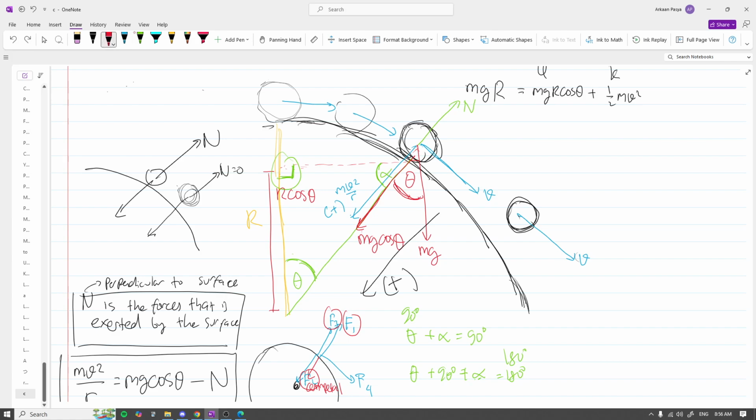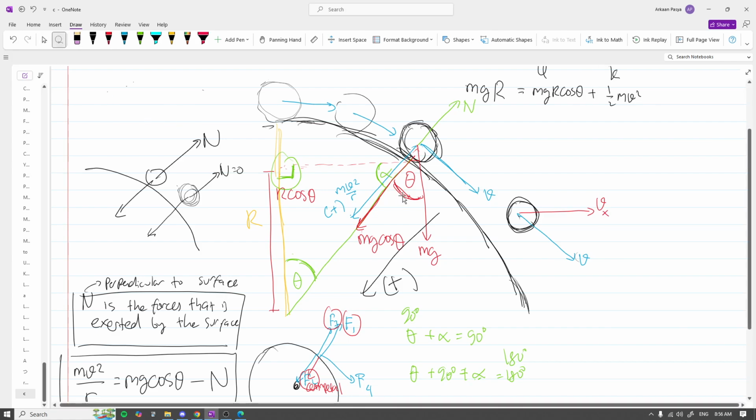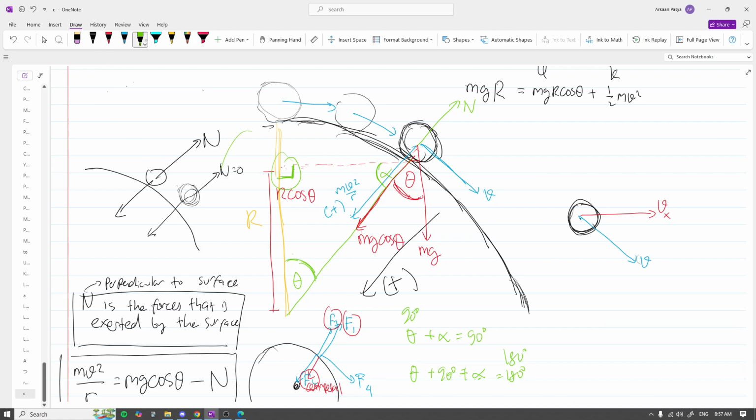And to find the horizontal component of the velocity, let's draw this part again.